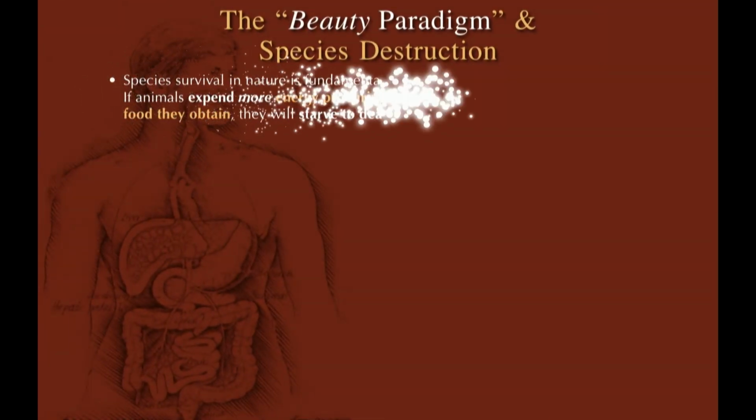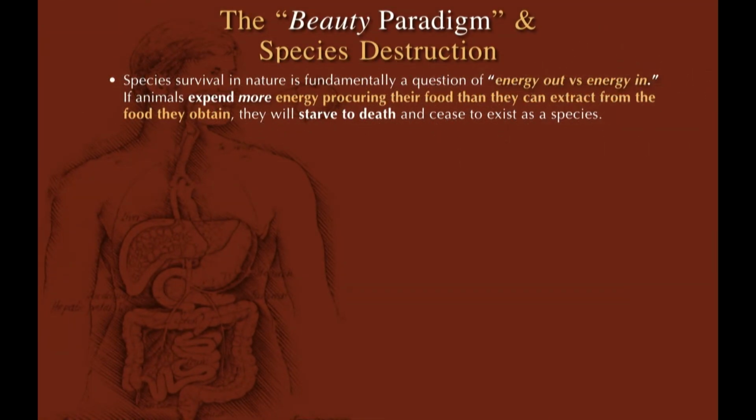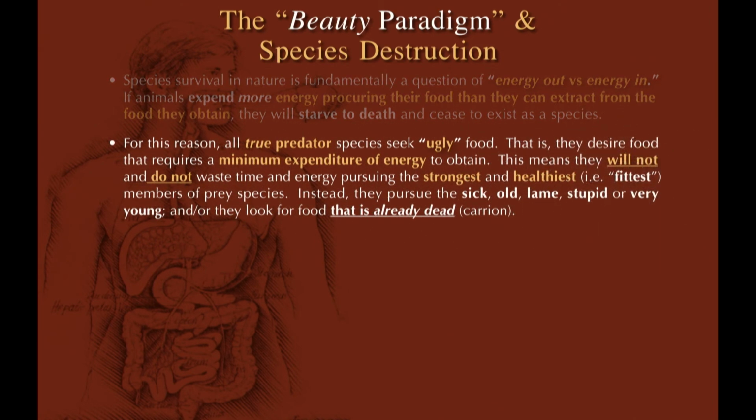And this brings up what I call the beauty paradigm and species destruction. Species survival in nature is, again, as we already discussed, fundamentally a question of energy out versus energy in. You expend more energy than you can get from your food, you die. And so all true predators seek what can be thought of as ugly food.